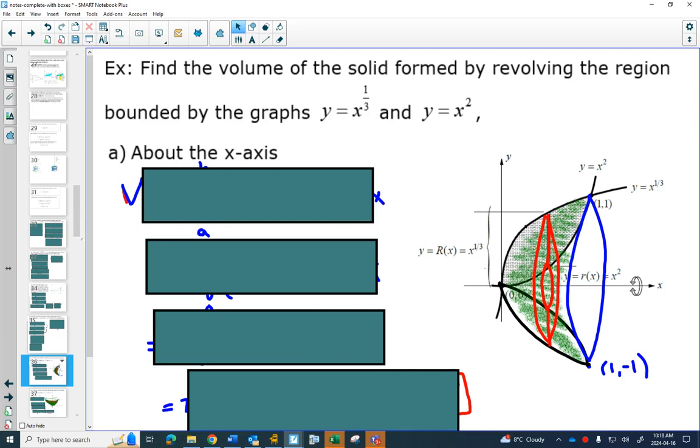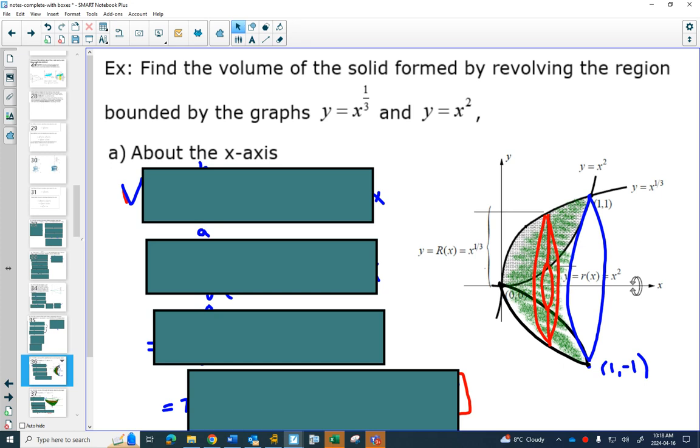Wait, if we go by the y-axis and then take the integral there, wouldn't there be no negatives for the integral? Because if we're going on the x-axis, there would be a negative component here. Well, we're adding up all these discs. When you're finding the area between the two curves, remember that the positives and negatives below and above didn't matter, because when you subtracted the upper one minus the lower one, you always got a positive value.